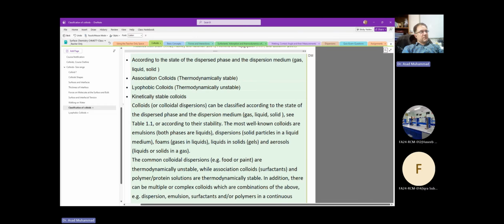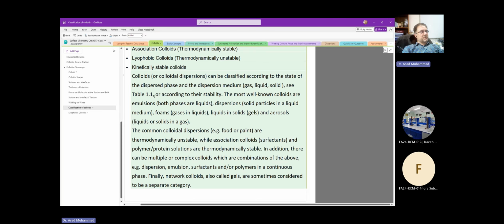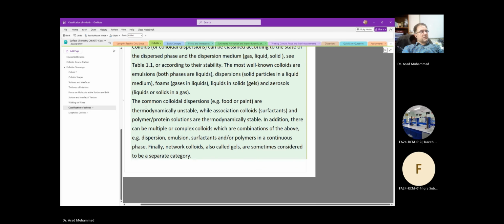So colloids or colloidal dispersions can be classified according to the state of the dispersed phase and the dispersion medium: gas, liquid, solid. We already saw that table. Or according to their stability, the most well-known colloids are emulsions, dispersions, foams, liquids and solids, and aerosols. The common colloidal dispersions are thermodynamically unstable, while association colloids, that is surfactants and polymer protein solutions, are thermodynamically stable.